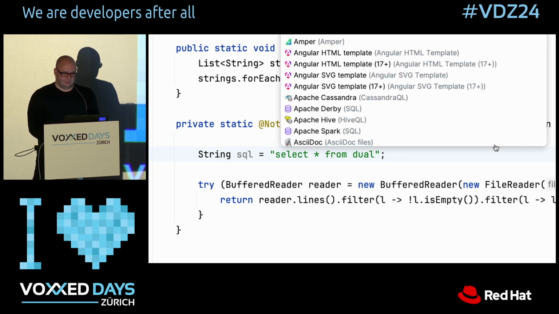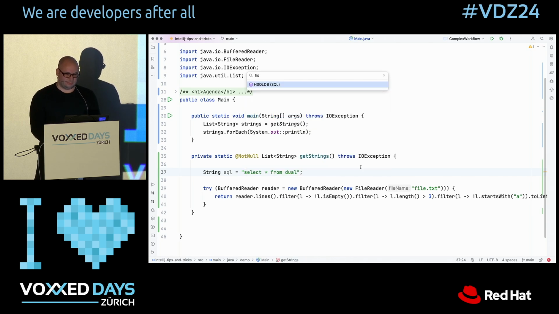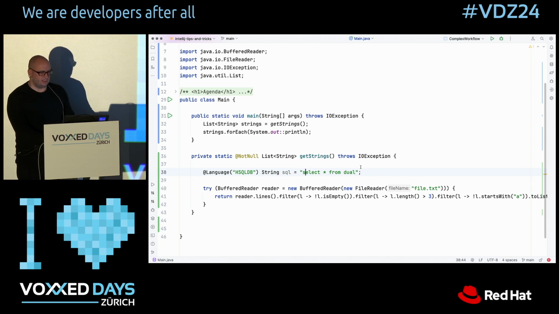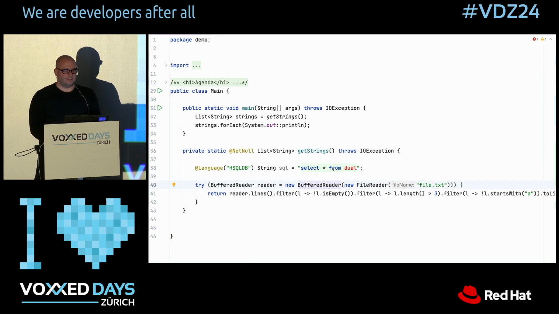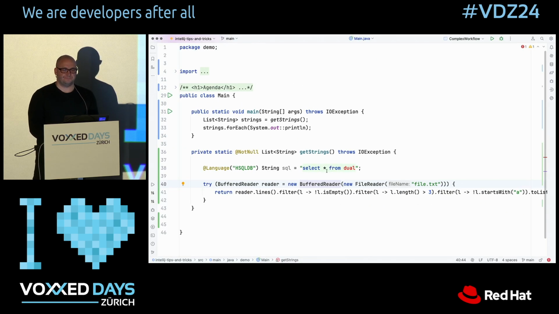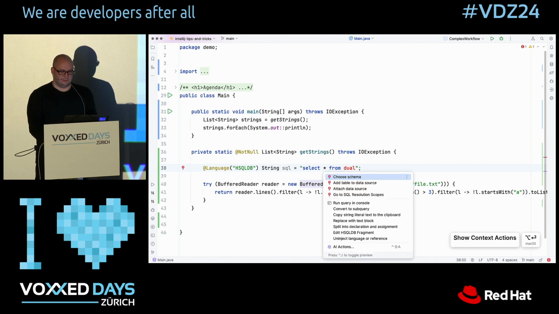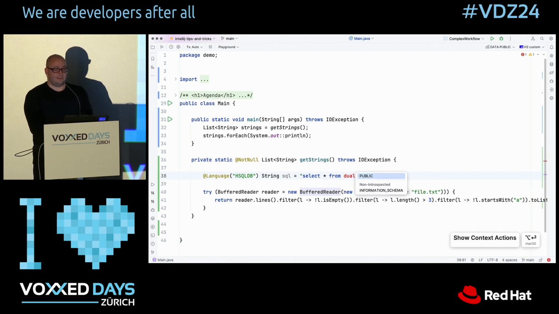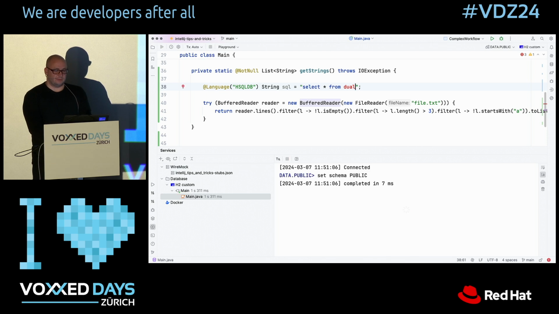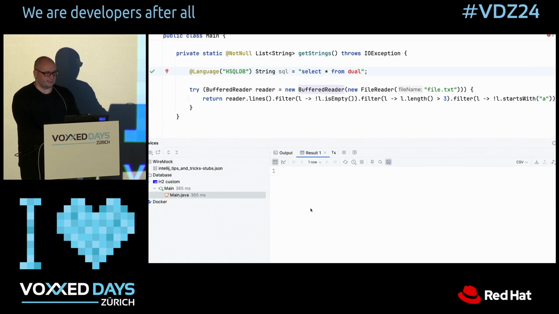It's going to ask me which language it is. I'm going to say HSQLDB, and it's going to add an annotation, and it will now treat this string as a real SQL statement with all the completions and so on. And I can attach the data source to this file, like select the schema, and then I will be able to even run this statement right from my IDE. If I have any data, I would get a result here.